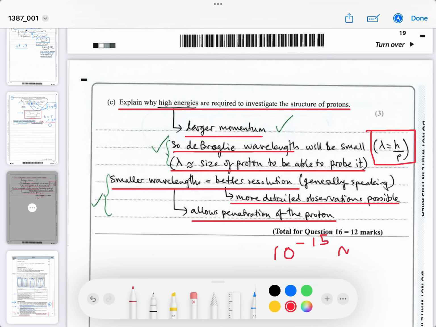So I don't know what exactly the speed of the electrons would be because we were using Newtonian mechanics, but you could put this wavelength, for example, if the wavelength is approximately equal to 10 to the minus 15 meters, in this equation and see what kind of momentum you need to be able to get that wavelength which would allow you to probe a proton.